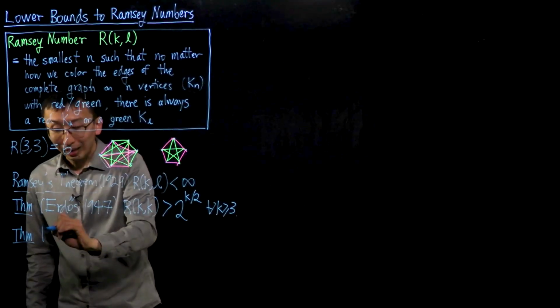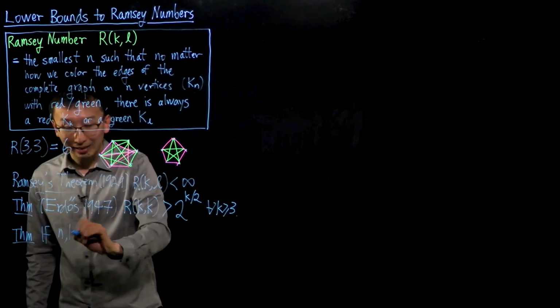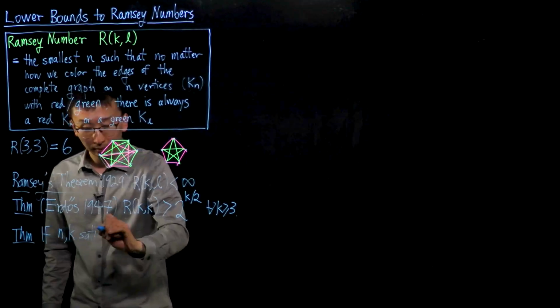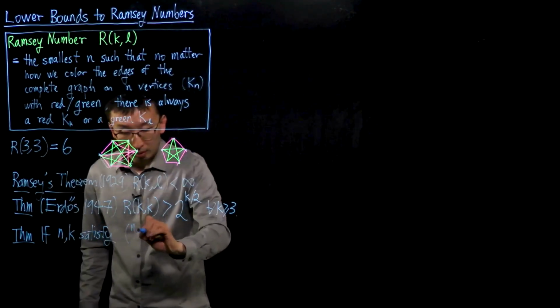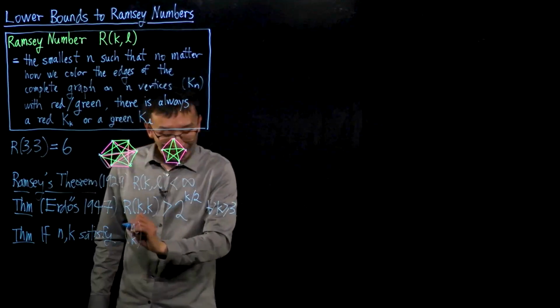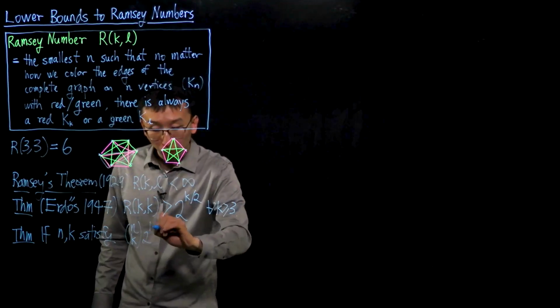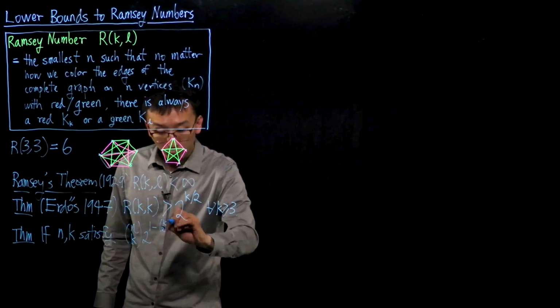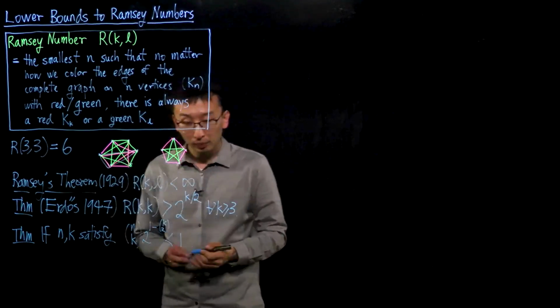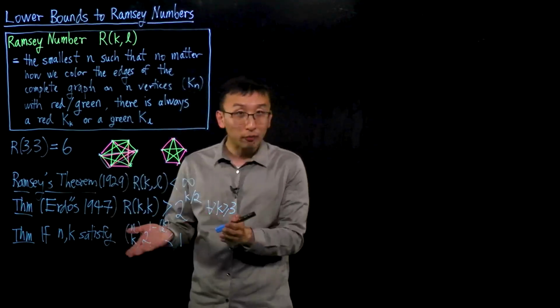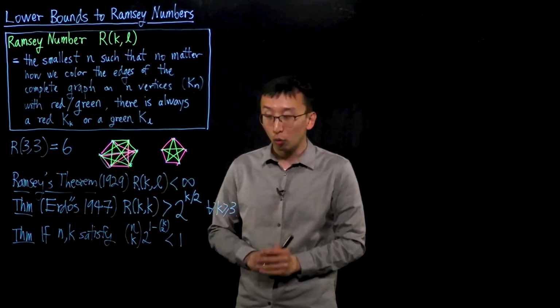We will show that if 2 integers, n and k, satisfy the following inequality, n choose k times 2 to the power 1 minus k choose 2 is less than 1. Right now, this is just some formula. It will come out of the proof, so let's not worry too much about it.